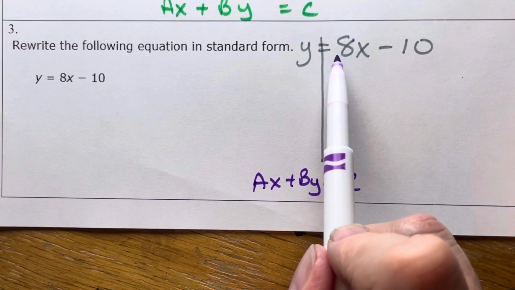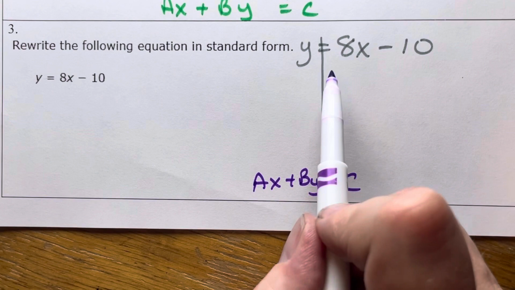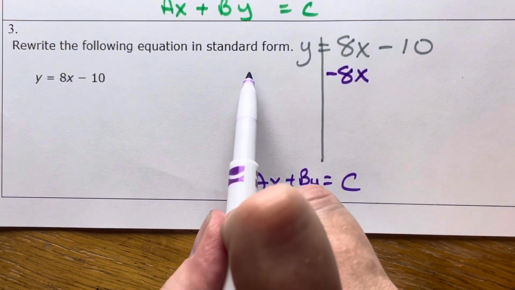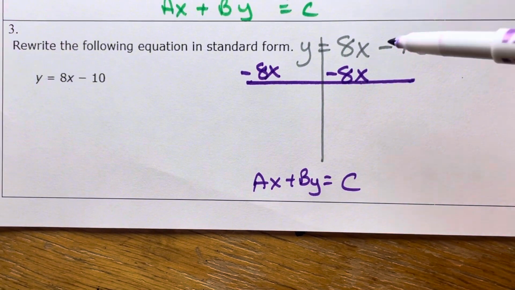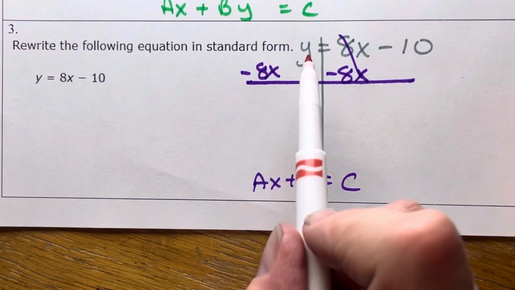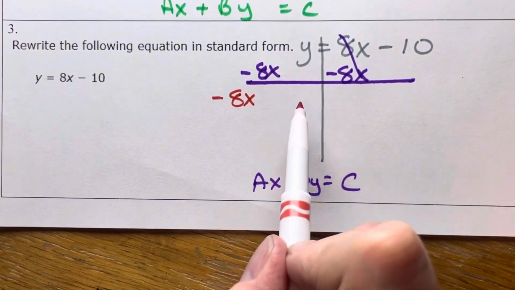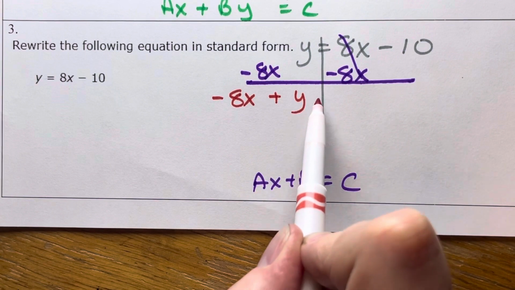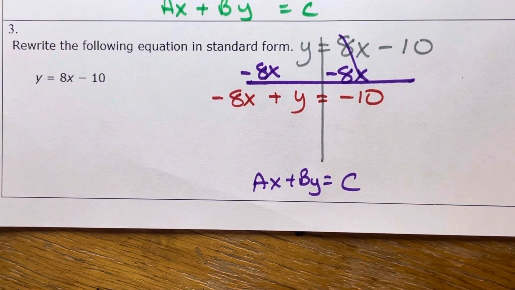Let's do that by using its opposite sign. This 8 is positive, so we're going to subtract the 8x on both sides of our equation. As a result, we know that on the left side of the equation, we have a negative 8x, and our y is still positive, equaling a negative 10 on the right side of the equation.